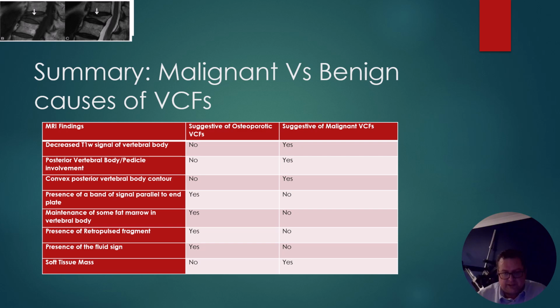As we said, and you can see on there, if we find that they mostly are suggestive of osteoporosis, that's really good. But if we're thinking malignancy, then obviously it's really important that we act on that. By that, I mean, if that patient came to me and we had an MRI with those findings, it would have already been reviewed by the radiologist.